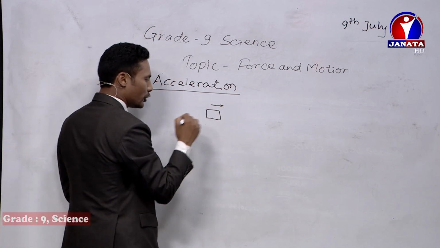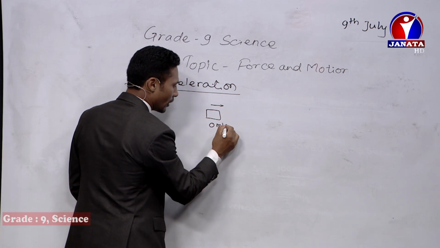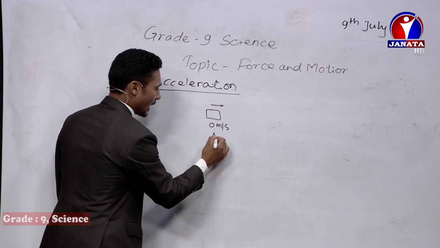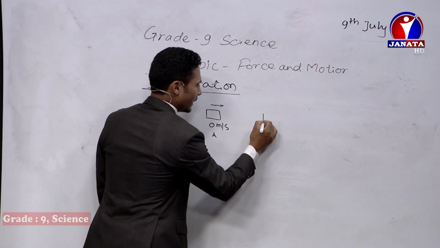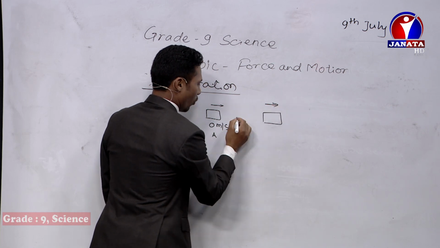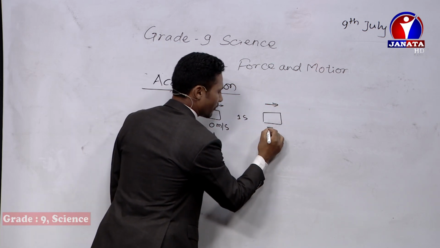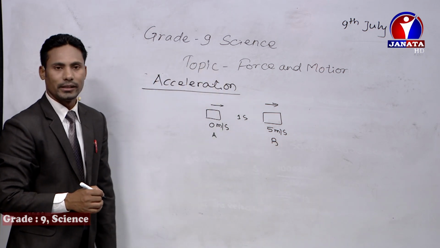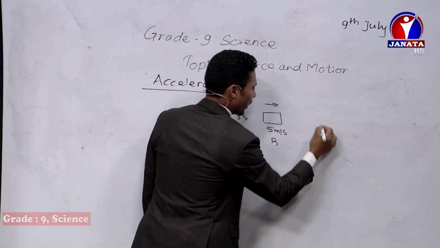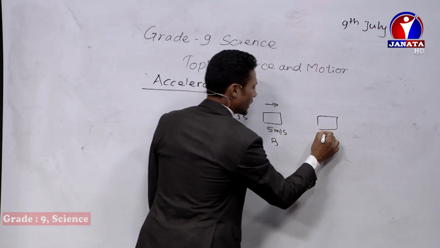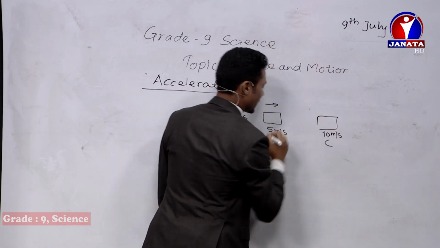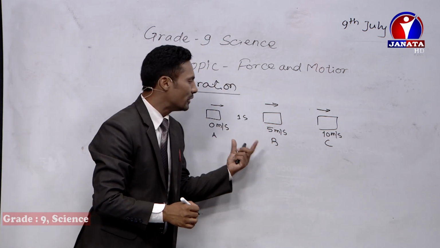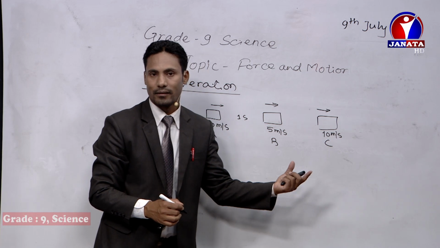Its initial velocity is 0 meter per second at A. Let's say in 1 second its velocity is 5 meter per second. This is at point B. Similarly, when it reaches point C, again the velocity is 10 meter per second. Then continuously 5 meter per second is changing, right?